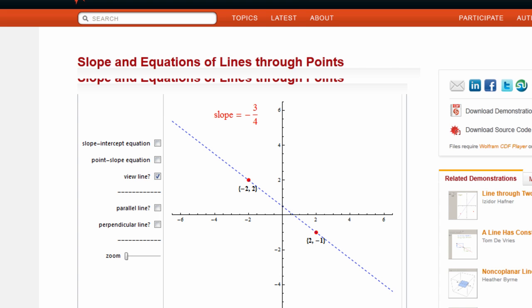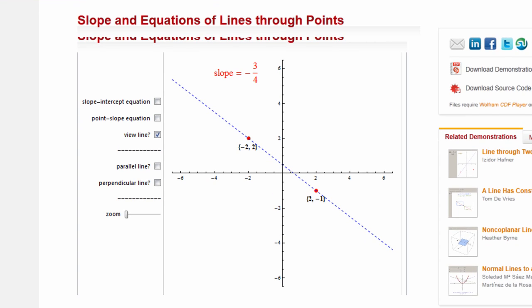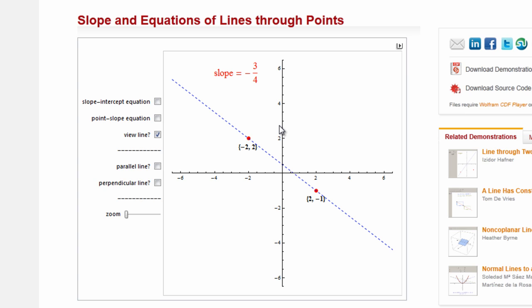And then you can find all these demonstrations, and there's a plugin that's free to use that you can go ahead and download, and you can play with this stuff. Essentially what it allows you to do is view what the slope of a line through 2 points is. So like this line goes through -2, 2 and 2, -1. And notice that it already calculates the slope as -3/4.